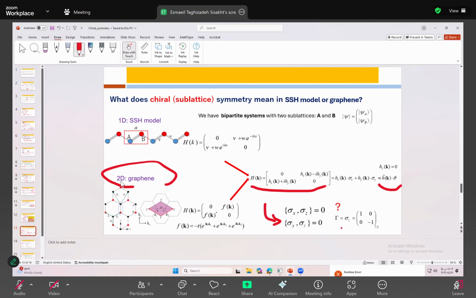And if we define this operator, the sigma z operator, like this one, we can do everything very similar to what we had in the quantum field theory.